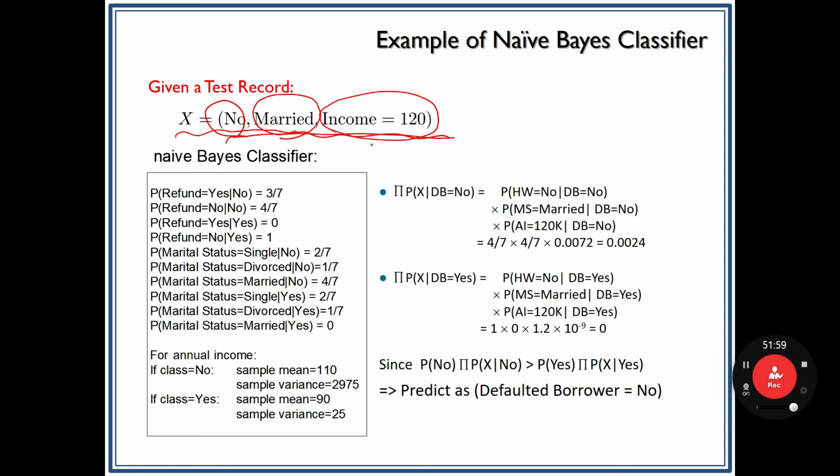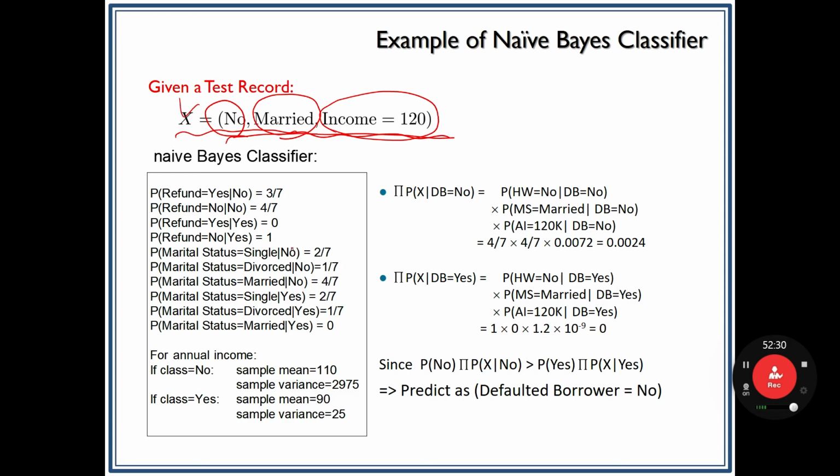The decision maker at the bank should decide whether or not to give him money, so the bank must be able to predict whether or not this guy is going to be a defaulted borrower.